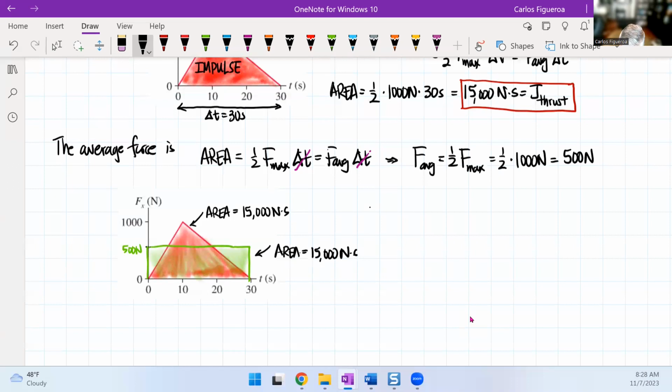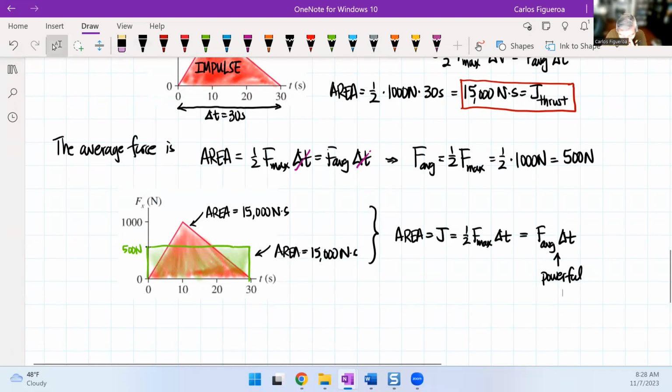Because of this, when I calculate the area or the impulse, I could either use the term 1/2 F max times the base, or I could equally use the average force times delta t. This, as I said before, is very powerful to have in our corner. But that's what it means for the impulse here.